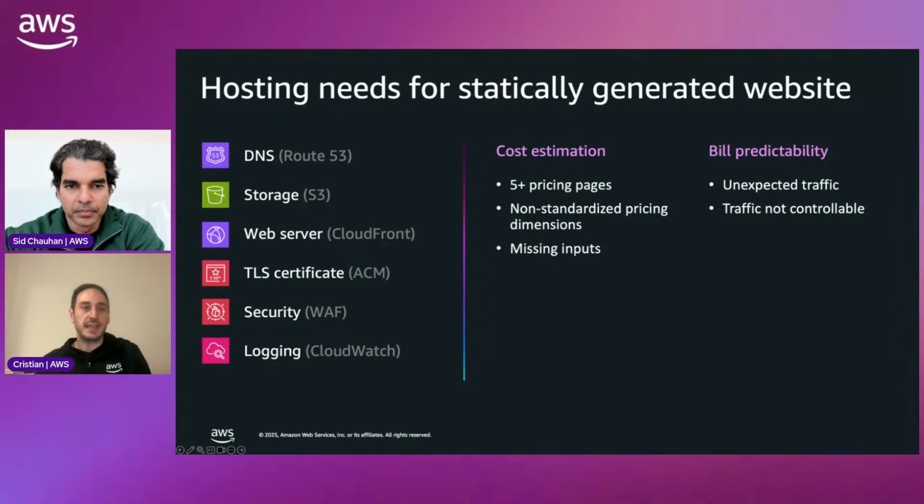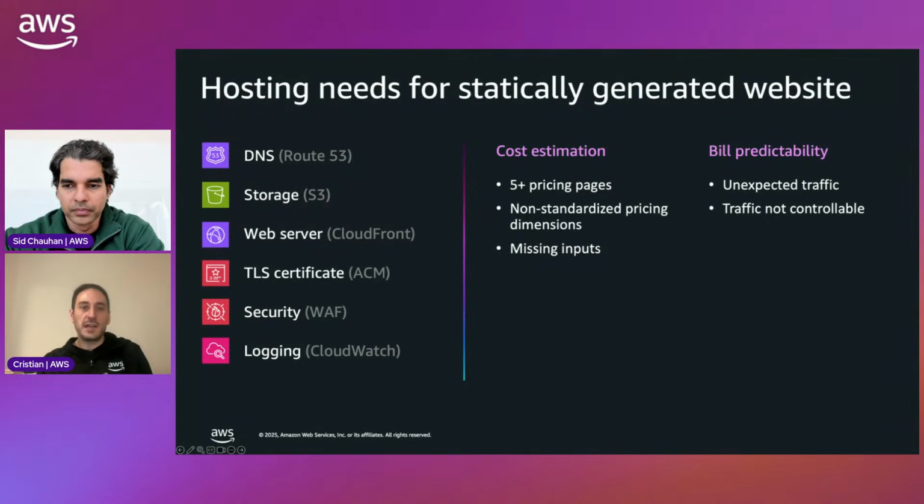So you probably use something like S3 for that. You'll need a web server to actually serve the request, so you can use CloudFront. You want a TLS certificate, so you can actually serve the domain over HTTPS. You'll probably want some security with a service like WAF, maybe some DDoS protection, and then some logging, which is going to come through CloudWatch.